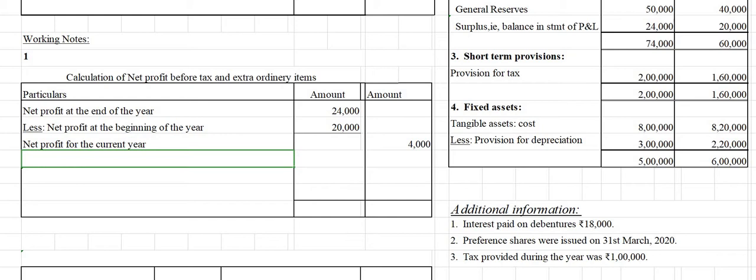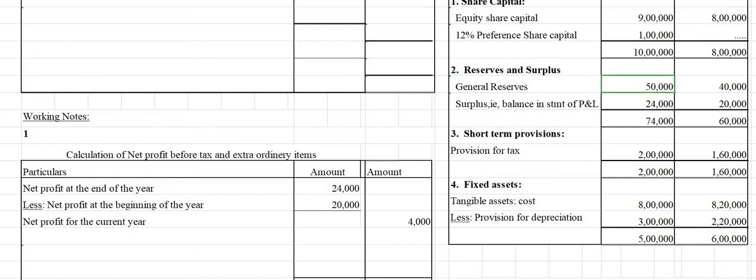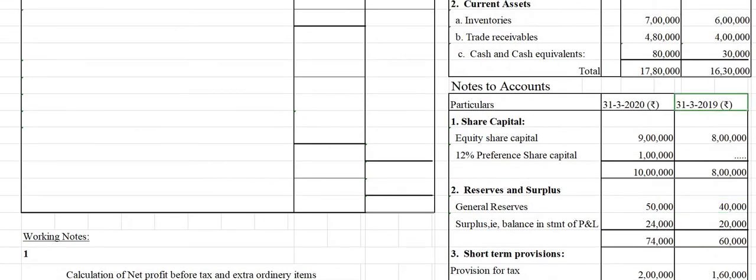Then along with that, what are the appropriations of profit that will be made? What are the expenses appropriated to profit that will be taken here? See here, along with the profit, there is general reserve. Last year 40,000 was there. This column is for the previous year 2019 and this is for the current year 2020.